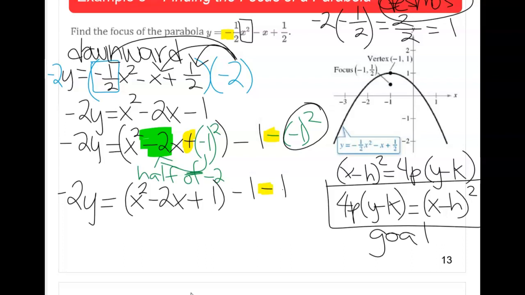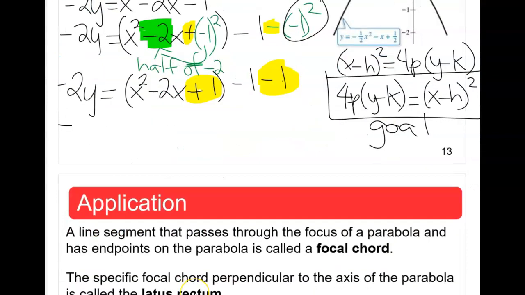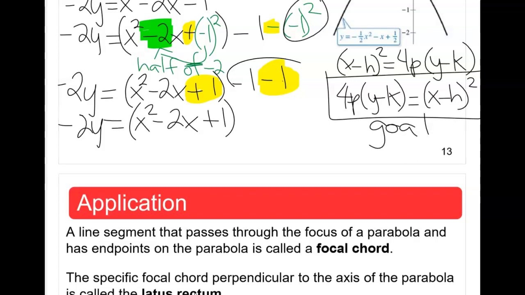Now you can see that we're adding 1 and we're subtracting 1 because 1 minus 1 is 0. So if we continue working that way, we will have -2y is equal to x squared minus 2x plus 1, and then here we have minus 2.